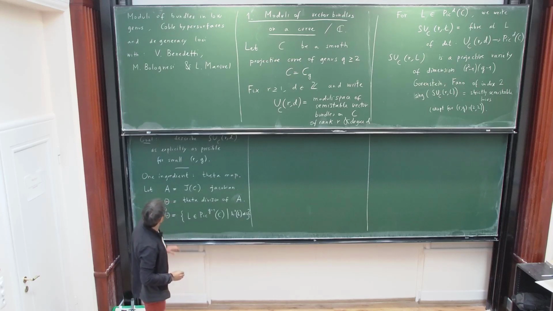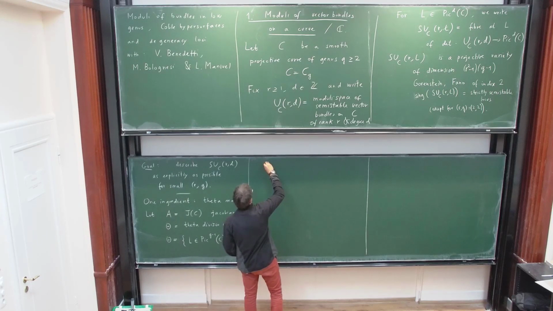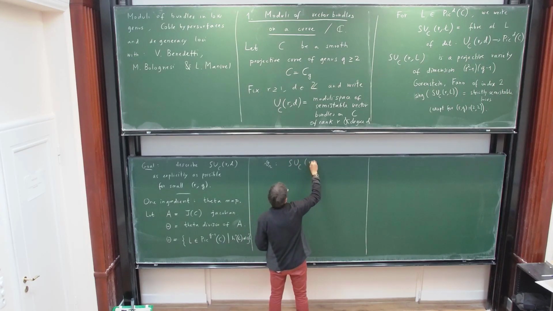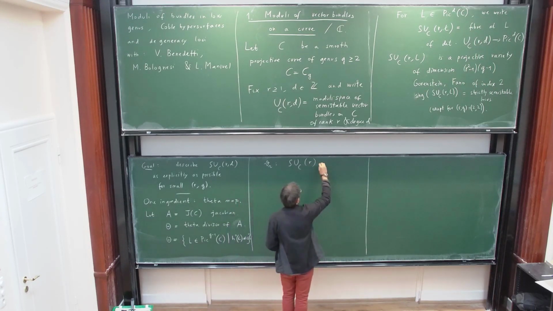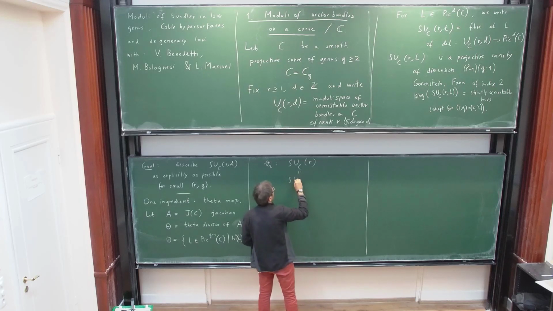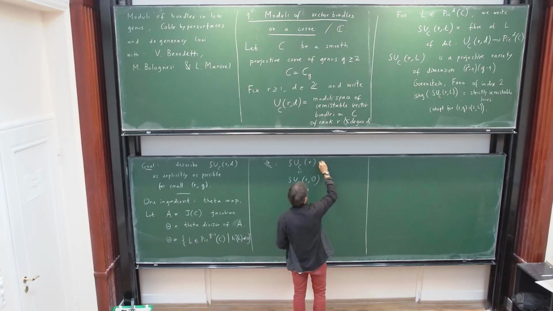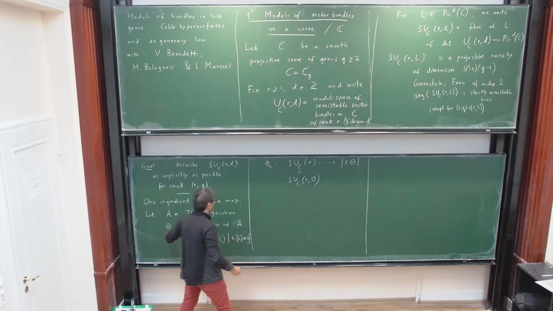Right, and using this divisor, we can define this theta map, theta_r, going from SU_C(r). When I forget the line bundle, it means that the line bundle is trivial, just O. It will be a rational map to |rΘ|, so r times this divisor here.